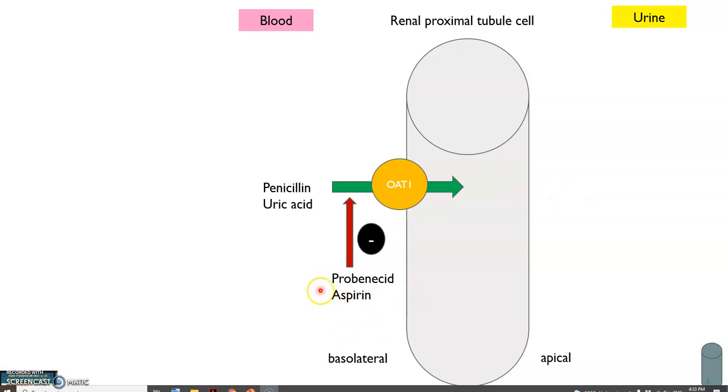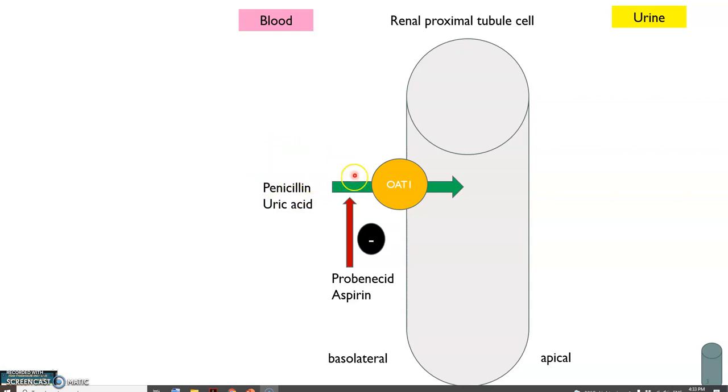And we have probenecid and aspirin, among others, that can block this. When you are taking penicillin and probenecid at the same time, probenecid and drugs like aspirin can block this, so that you have penicillin being in your body for a longer time.